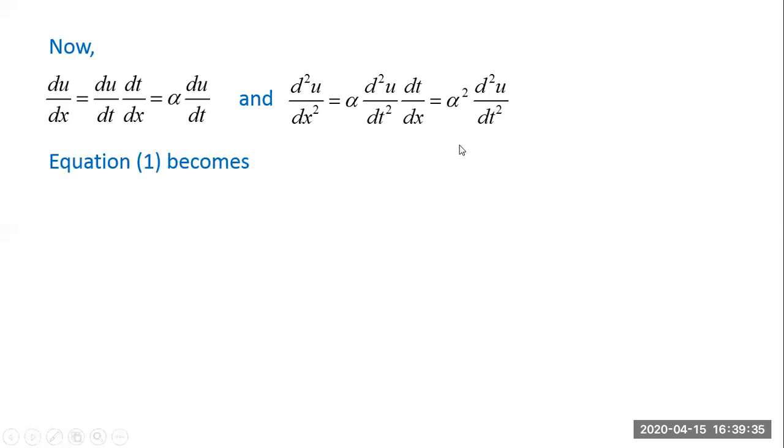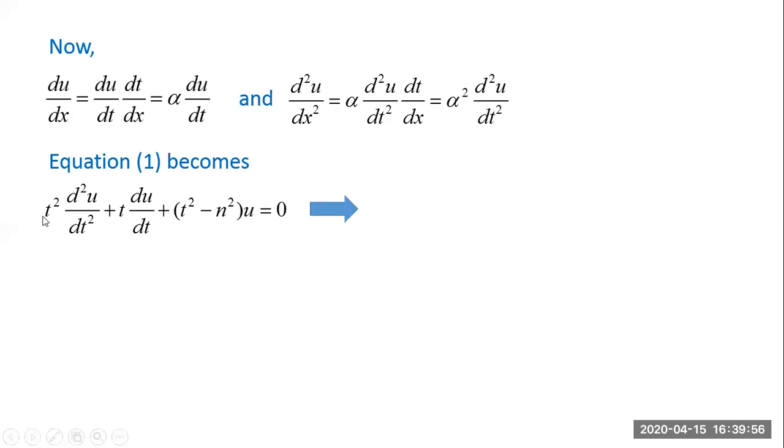Now substitute this in equation 1. So equation 1 is t square d square u by dt square plus t into du by dt plus t square minus n square into u equal to 0. So substitute the value of d square u by dt square from this and du by dt from the first result.